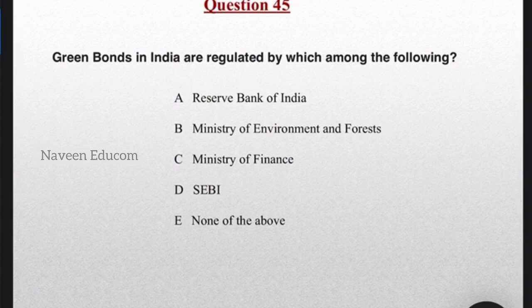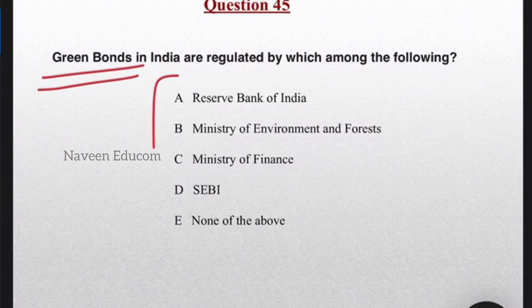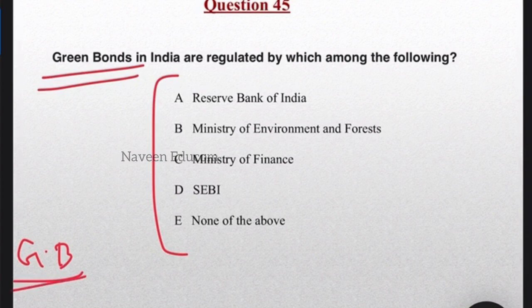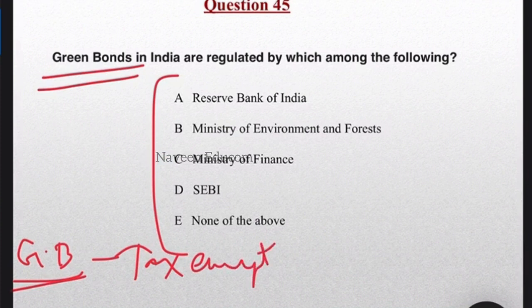So coming to another question from the bonds. Green bonds in India are regulated by which among the following? So you have to know the answer, and also you have to know what is green bond. Options given here: Reserve Bank of India, Ministry of Environment and Forest, Ministry of Finance, SEBI, none of the above. So what is a green bond? A green bond is actually a tax exempt bond agreement used to raise money from the market to fund the green projects for the development of the brownfield sites.